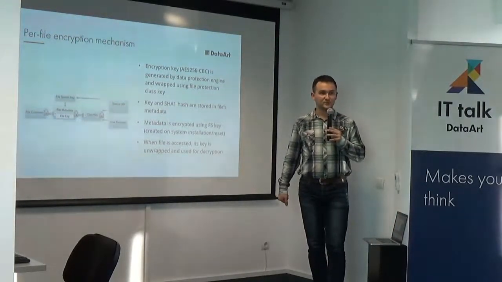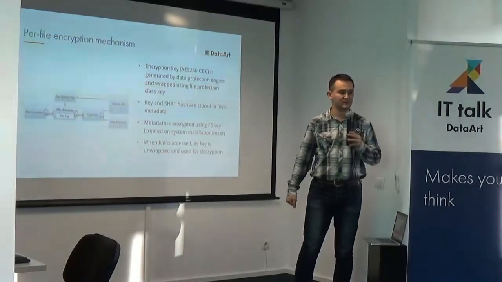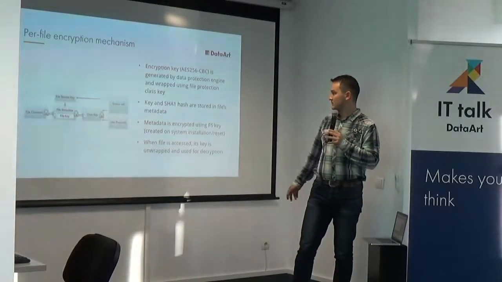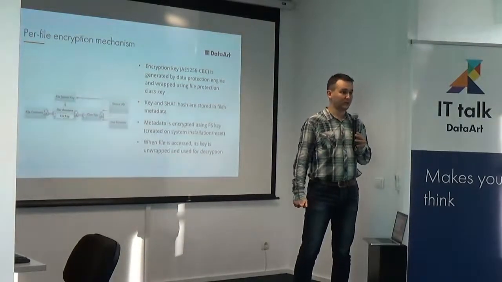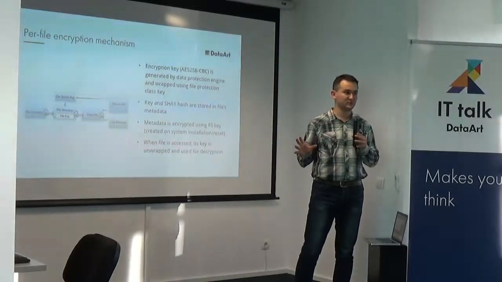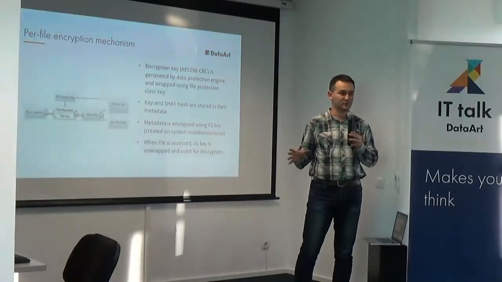File system encryption uses the AES-256 algorithm in cipher block chaining mode, and it also uses SHA-1 hash to generate the message authentication codes, just the checksums to be sure that the files were not changed.